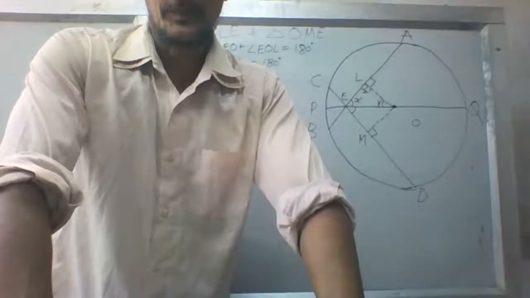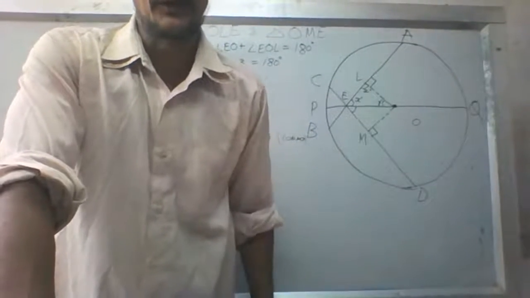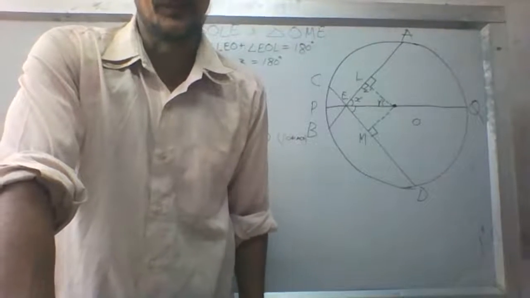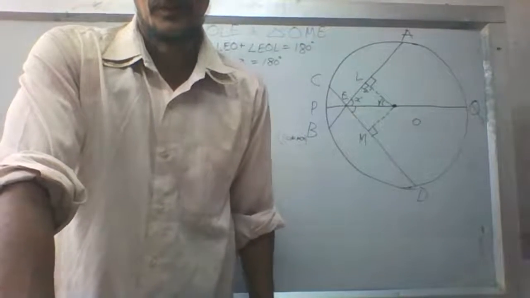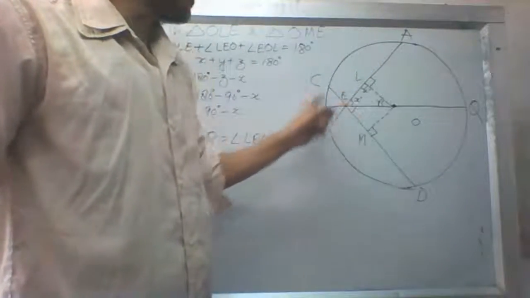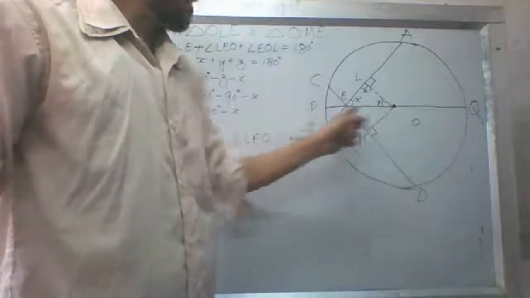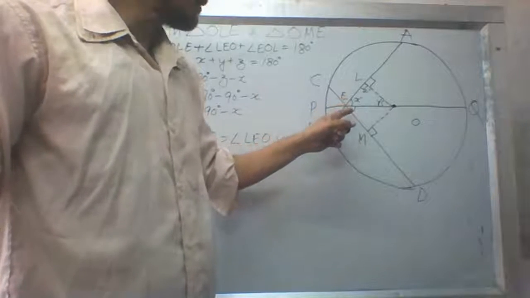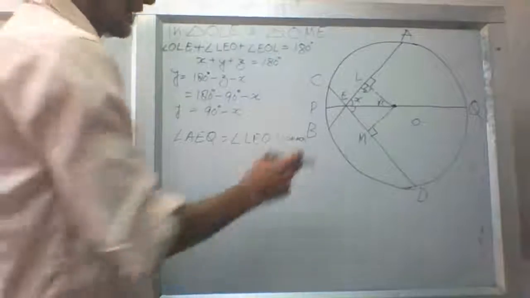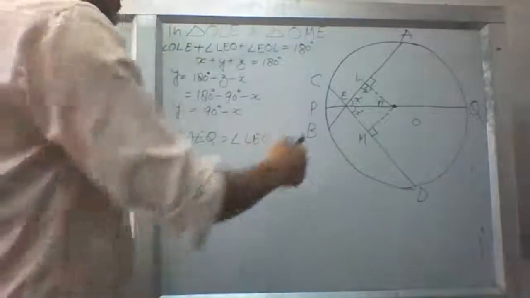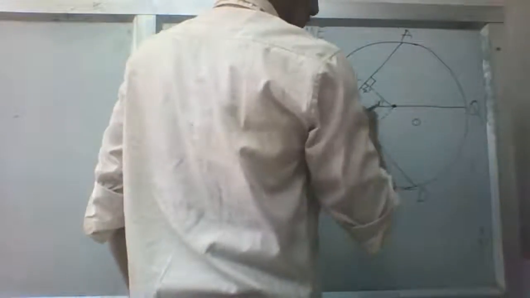If two intersecting chords of a circle make equal angles with the diameter passing through their point of intersection, if the chords are crossing each other and the diameter passes through it, that divides it into equal parts. It means if this is X, this is also X degree. Hence, this angle is equal to this angle.